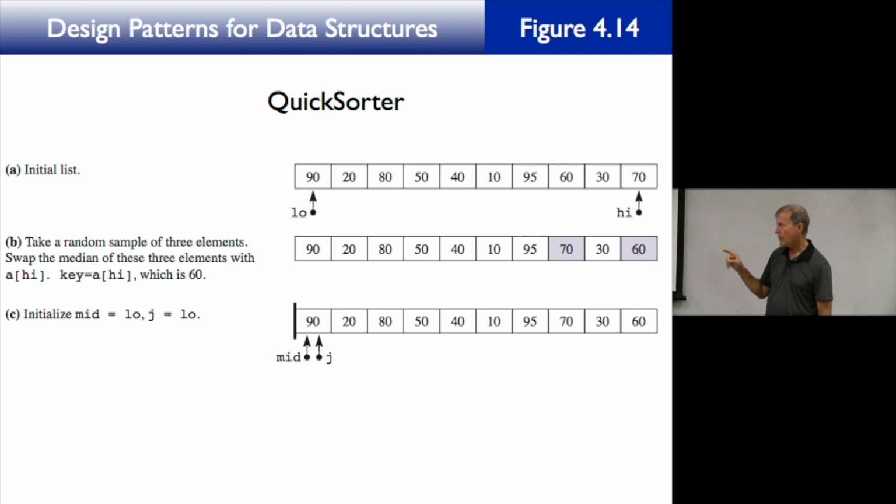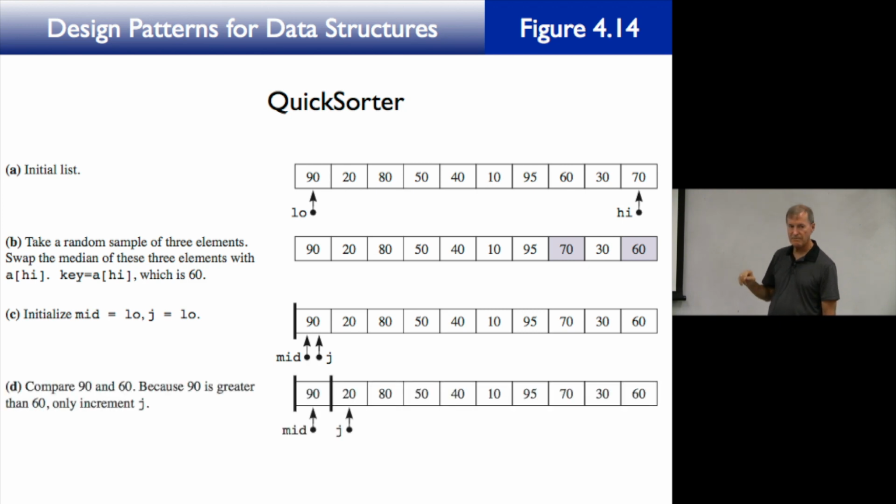It is. Therefore, we don't do anything to mid, we just increase j by 1 as it's going through the loop. Are you with me? We keep mid the way it is. Is everybody clear? Now what are we going to compare? We're going to compare the what with the what. And the next time through, we're going to compare the 20 with the what? 60. With the 60. And then are you going to switch the value?